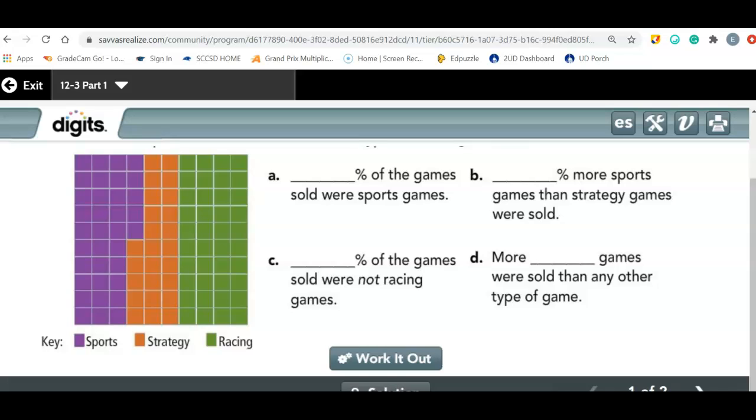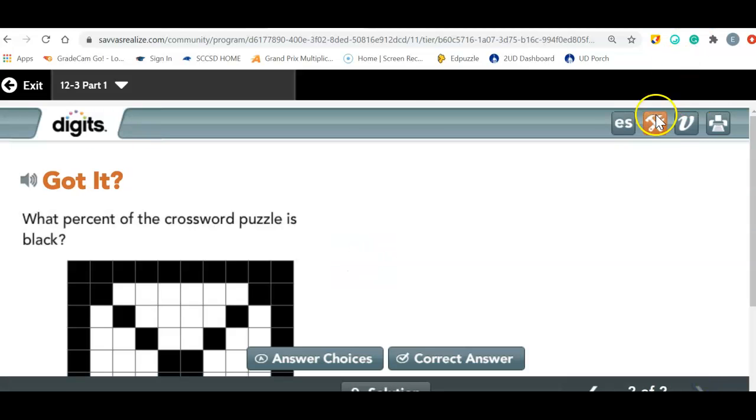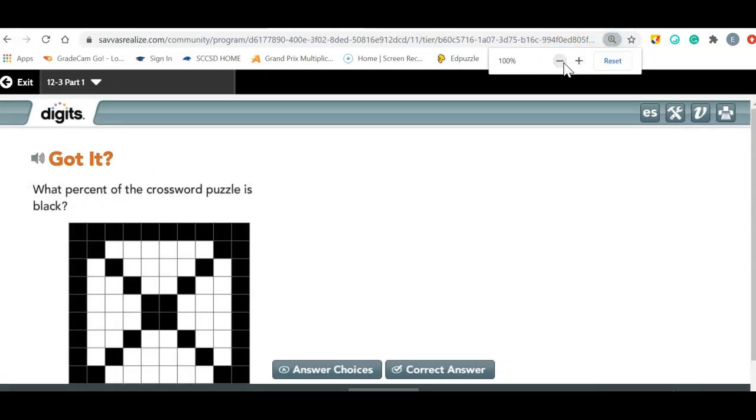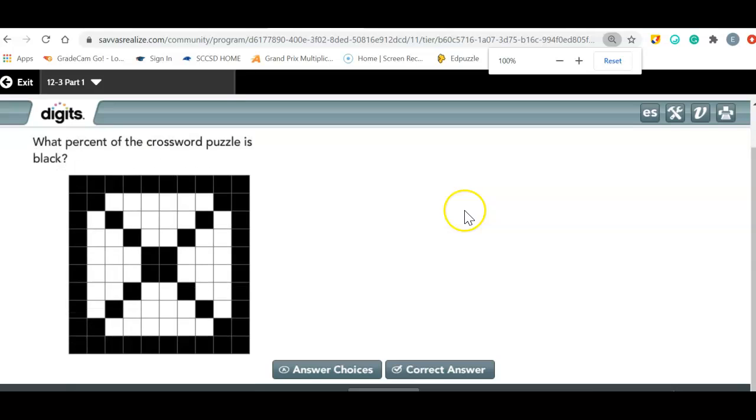All right, here we go. We're not going to answer this. I'm not going to make you answer, but I want you to tell me how we would solve this question. It says, what percent of the crossword puzzle is black? Aiden.